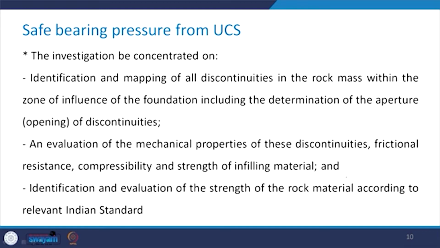You have seen that depending upon the orientation of the discontinuities, there is going to be a different extent of the pressure bulb in different cases. So the depth to which the pressure bulb extends below the footing is what we call the zone of influence. It is not only the zone of influence that we must know, but we should also know about the aperture or the opening of the discontinuities.